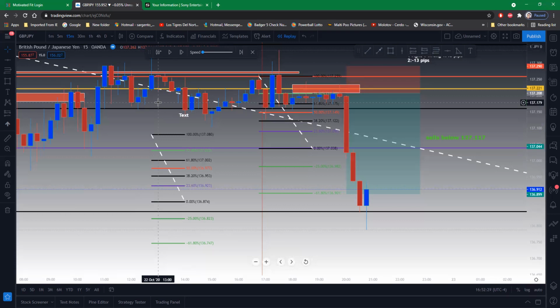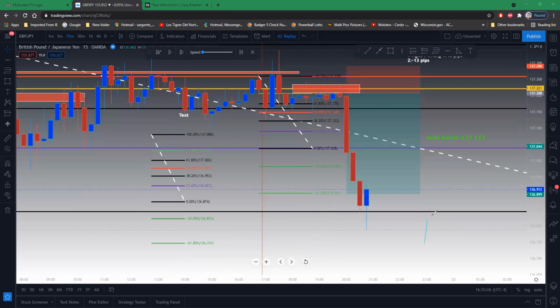Okay, so it is preferred that there's a previous low and a big bullish volume candle that breaks above a previous bearish candle.